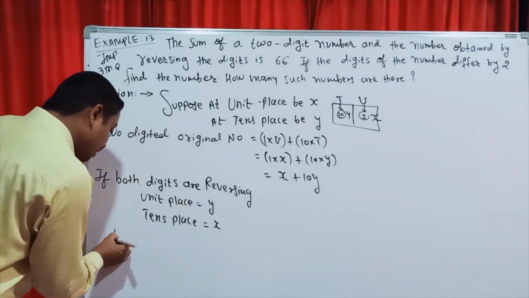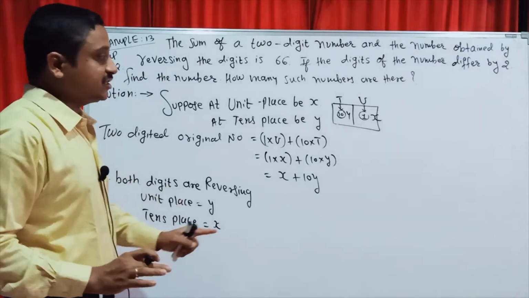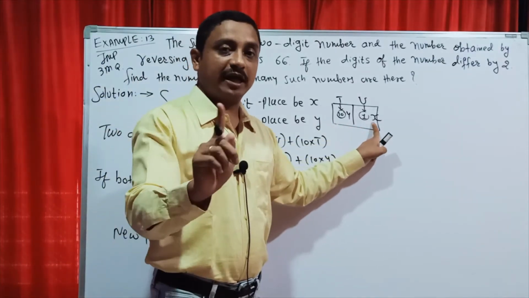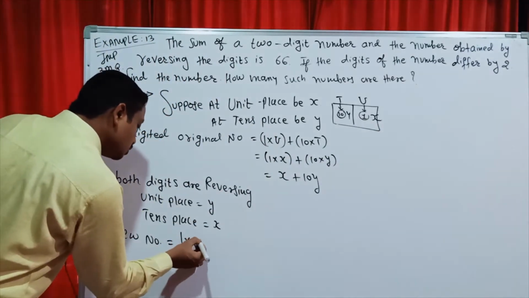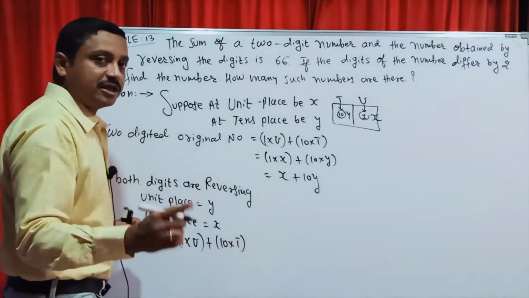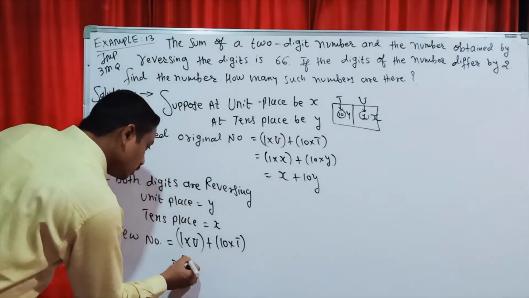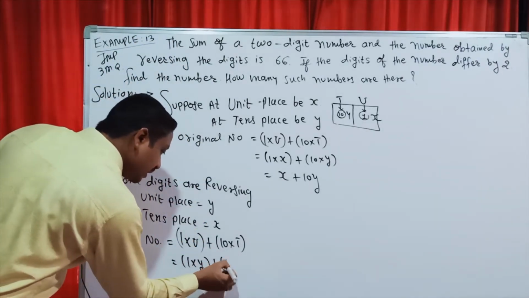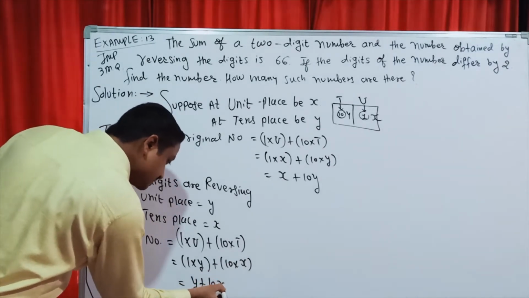So what is the new number? It is again a two-digit number, same equation applying, but the unit place is not x. Now the unit place is y, so I apply y into U plus 10 into T. T is tens place, U is unit place. Unit place is y and 10 place is x, so I get y plus 10x.